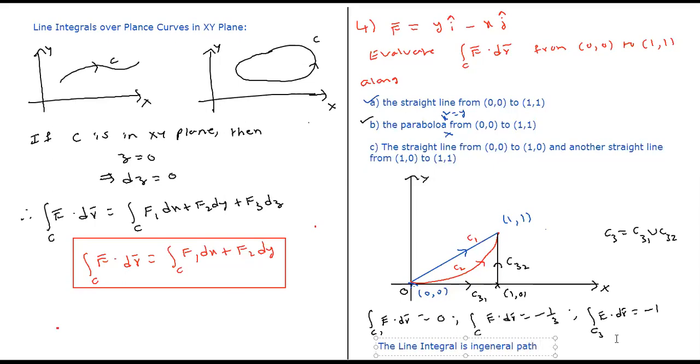This is the most important observation on line integrals. In general means not every time. There are some situations where the integral may be path independent also. When it is going to be path independent, I will tell you in coming classes. But this is an example which demonstrates that when you change the path, the value of the integral may change.